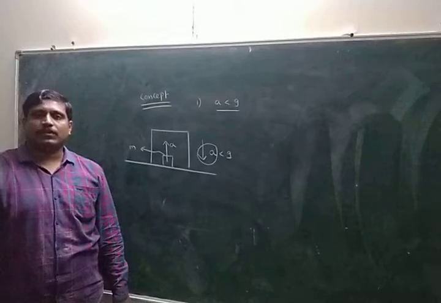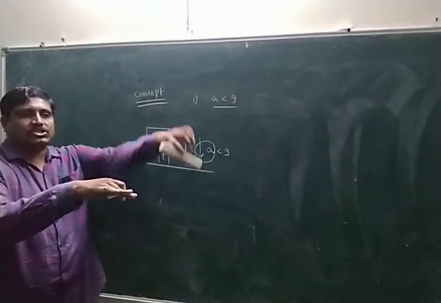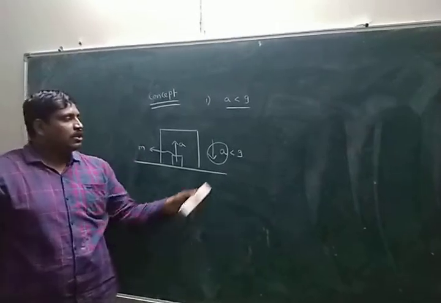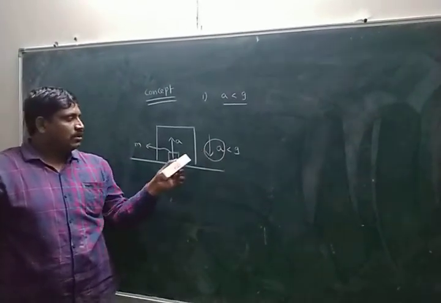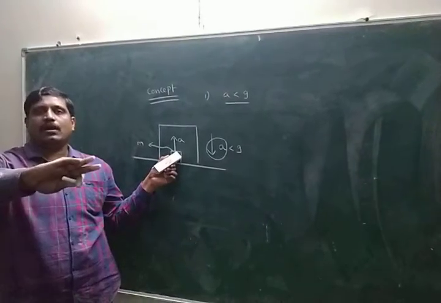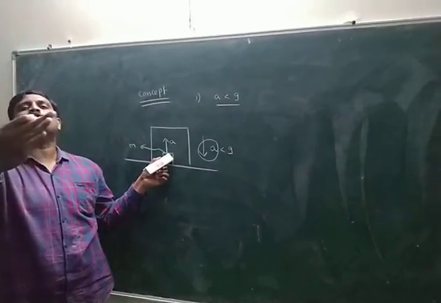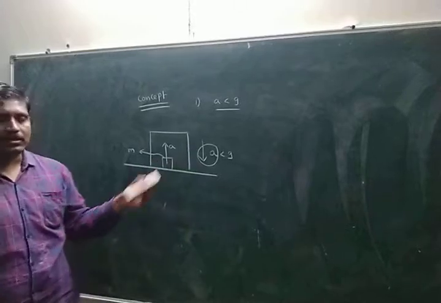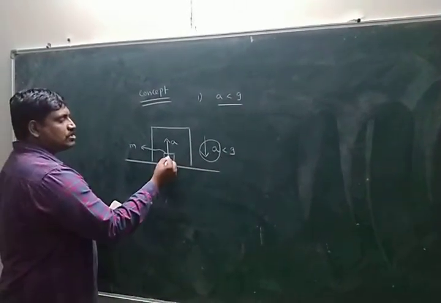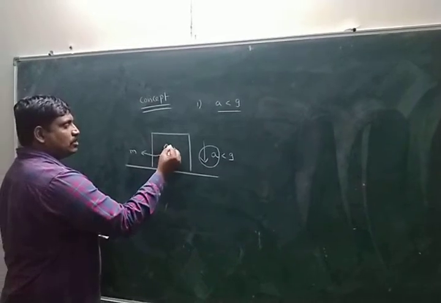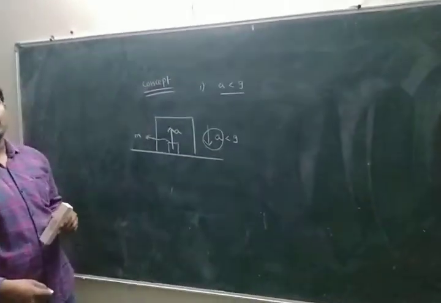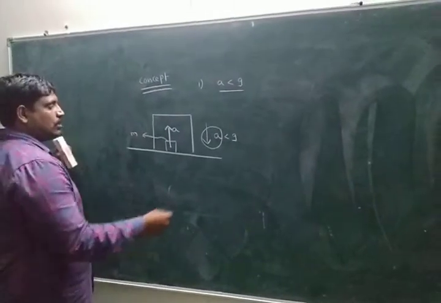Once again I repeat, one body says an action, the other body says an opposite reaction. Action equal to minus reaction. Simply, lift says an action, body says an opposite reaction. This is called pseudo force.